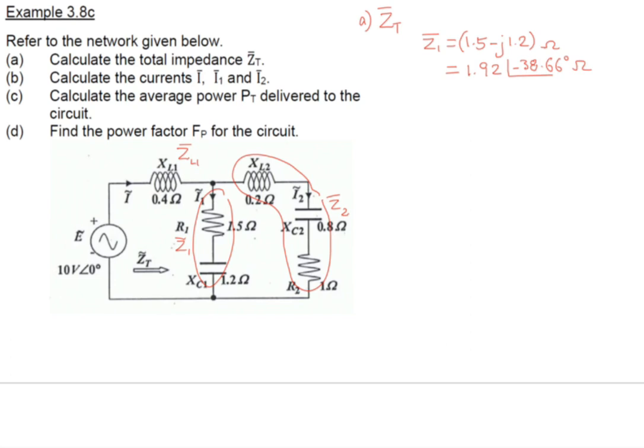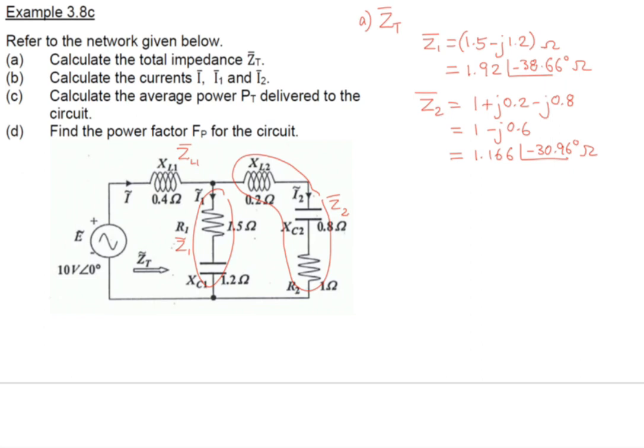Similarly, for Z2, I can write out the rectangular version. It's equal to 1 ohm plus j0.2 minus j0.8, which is equal to 1 minus j0.6 ohms in rectangular form, or if I were to convert that to polar form, that would be 1.166 at the angle of minus 30.96 degrees ohms.